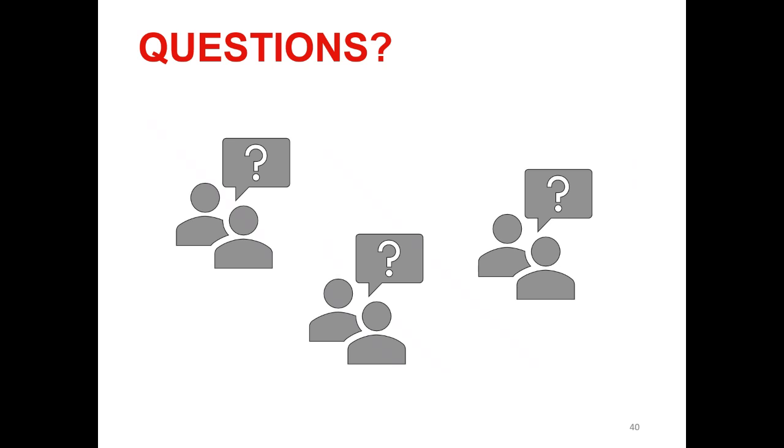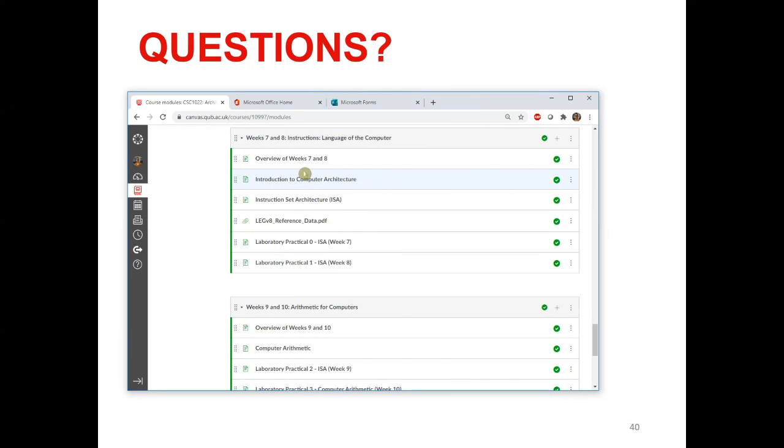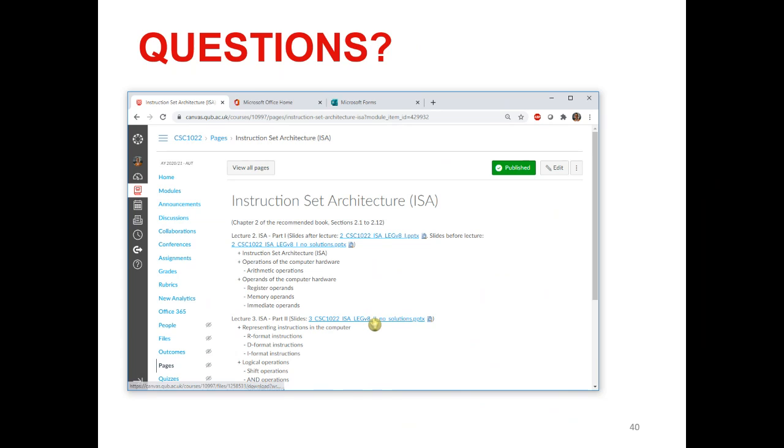Someone is asking, where can I download this PowerPoint? If you go here, I have placed a PowerPoint. The only difference between this PowerPoint and the one I'm showing you is that it doesn't have the solutions for the questions I asked you online.